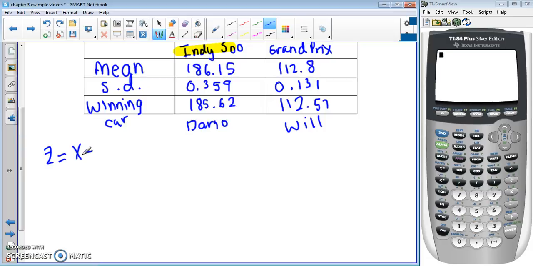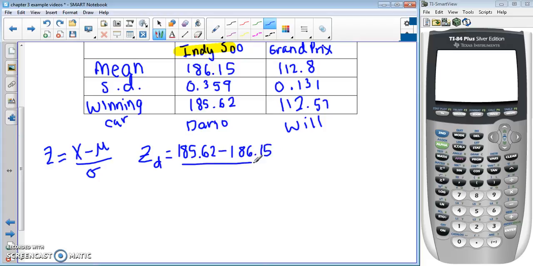These are all the drivers, so I'm going to use population. So minus the mean over the standard deviation. So we have two drivers going on here, Dario and then Will. I'm going to use z sub d to represent Dario's z-score. So his is going to be 185.62 minus the mean, divided by the standard deviation here.